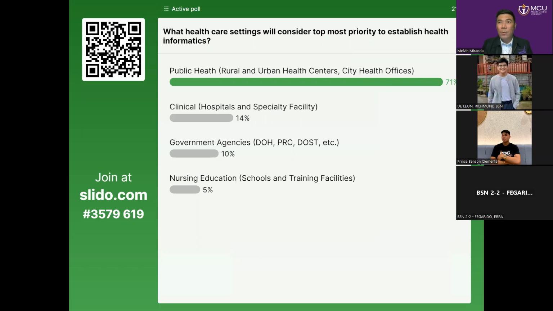And it's shown that based from those cases, those areas that had been identified do have insufficient manpower such as nurses. So it's very powerful that once you establish this health informatics or system in the healthcare settings of rural and urban health centers, it could be very beneficial.